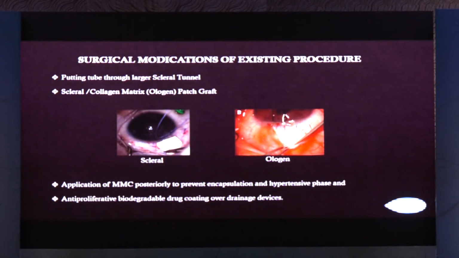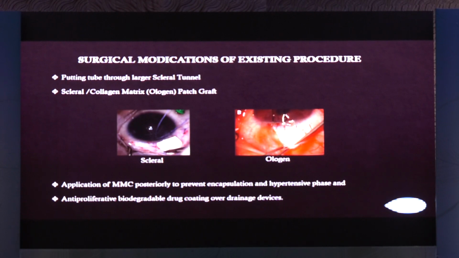Apart from the designs and materials, there are modifications in the existing procedure. Some people put the tubes, maybe 6 to 7 millimeters, they put a 23 gauge needle and make a tunnel and enter the anterior chamber. Through the tunnel, they put the tube and enter the anterior chamber. And now it has become a common practice to use scleral or collagen patch grafts, scleral patch grafts.